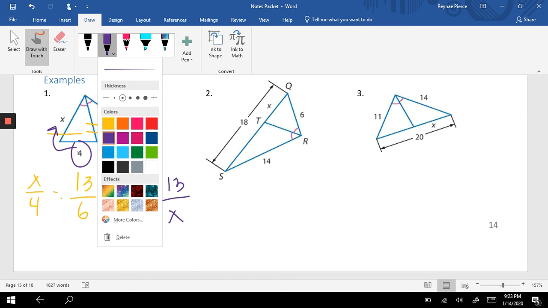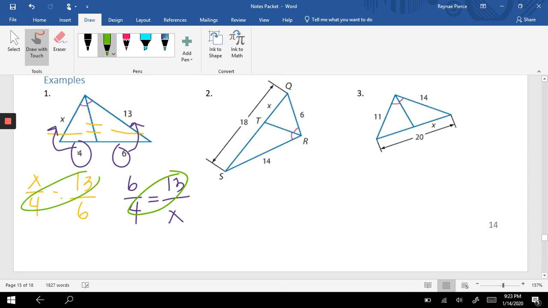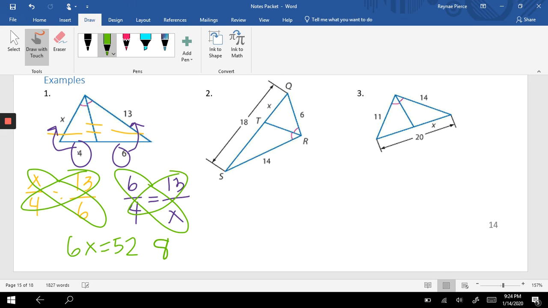Either way I set this up, if you notice, we're still doing 4 times 13, and we're still doing x times 6. So either way, I'm going to get 6x equals 52. Divide both sides by 6, and that's going to be 8.6 repeating, I believe. Okay, so that's your x value.